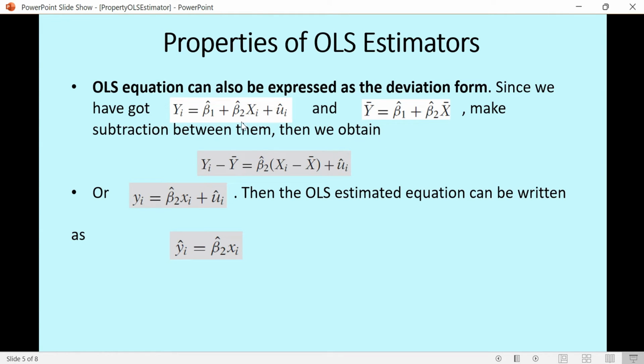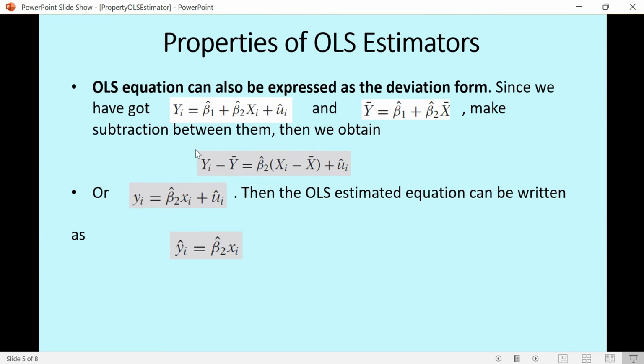Then we make a subtraction, subtracting this one from this one. We can get yi minus y bar equals beta 2 hat times xi minus x bar, because there is a beta 2 hat in common, right? And plus ui hat.